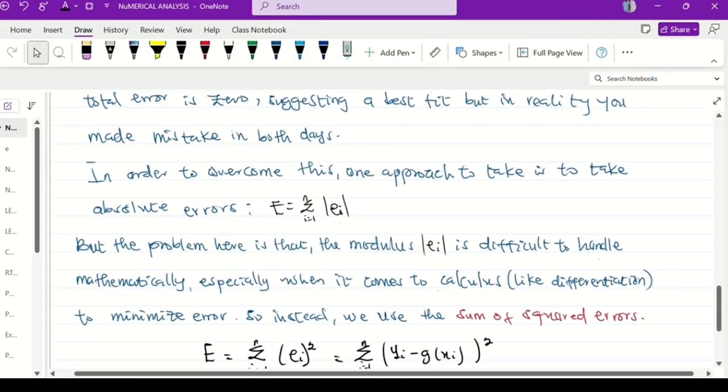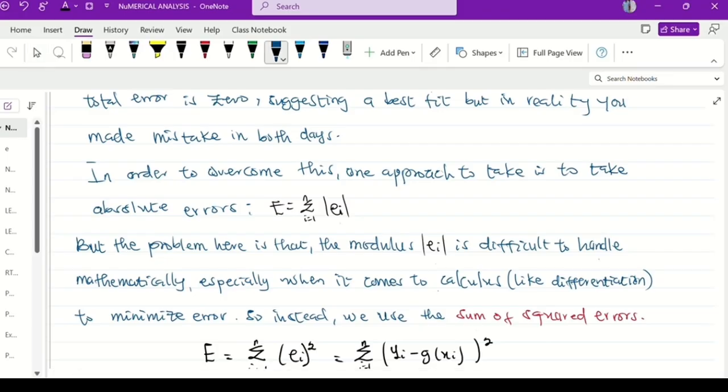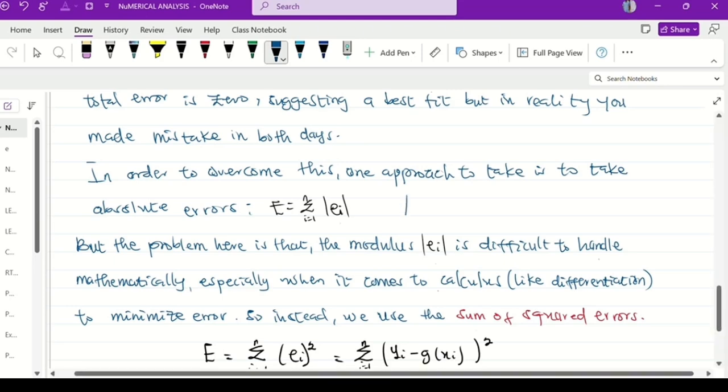In order to overcome this, one approach is to take the absolute errors. Assuming we take the absolute errors of the mistakes that you made above, E1 and E2, then you're going to get absolute of negative 2 plus absolute of 2. So this is going to give us 2 plus 2, which is 4.